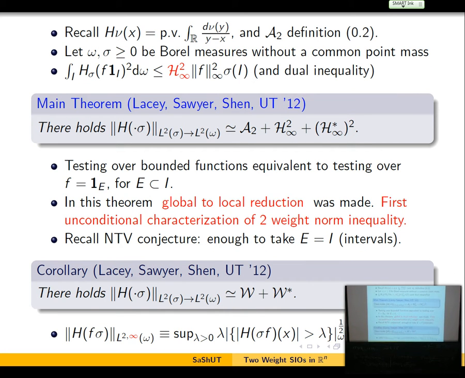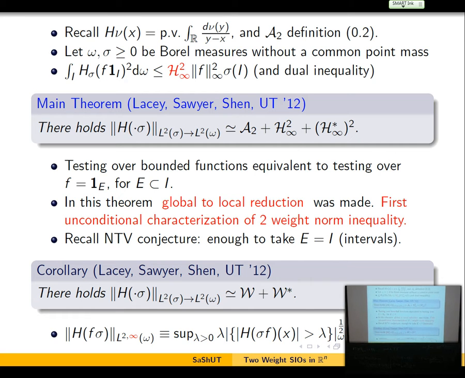So the next big step was, well, here is the recollection of what the Hilbert transform is, and now, instead of testing over intervals, let's for a moment test over L infinity functions. Okay, so the best constant, we call it H infinity, and the corresponding dual. So the first main theorem, or the second, depending on how you look at it, but anyway, main theorem of this collaboration is that the weighted two-way norm inequality is comparable to A2 and this testing over L infinity functions.